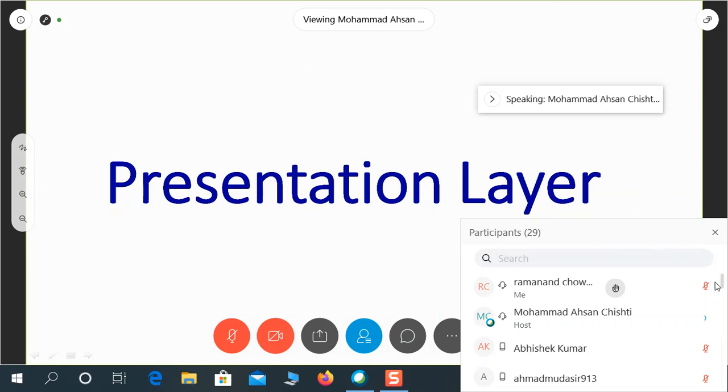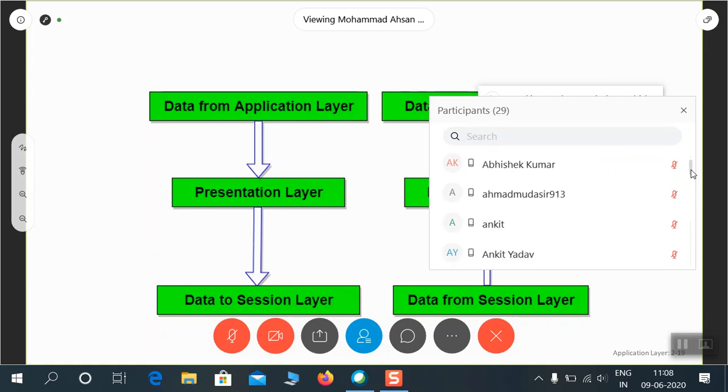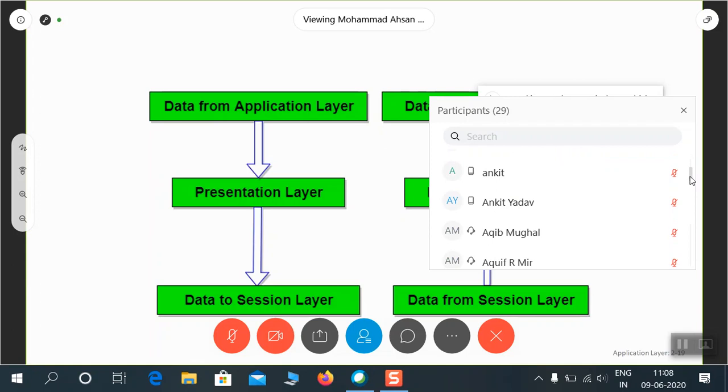Now it is different from the other layers that we have come across with respect to certain things. Firstly, it has very limited, very specific functions compared to the other layers. That's why this is an optional layer.